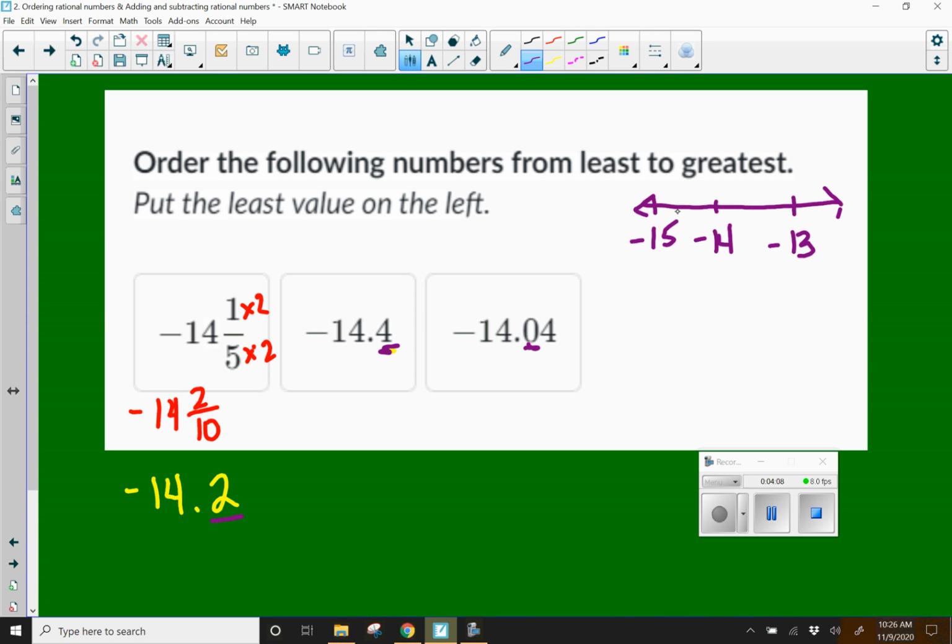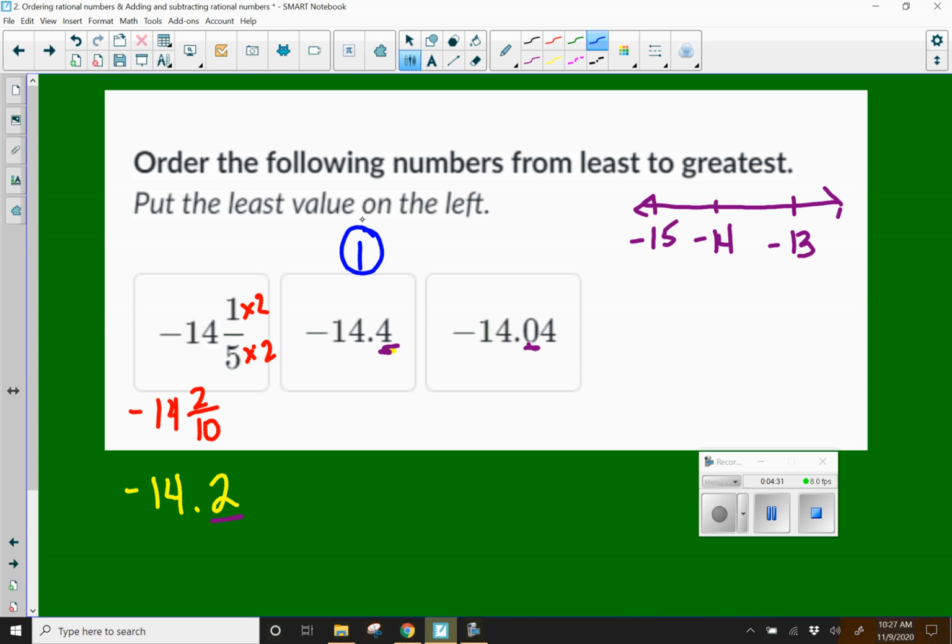So if you think of -14.2, that's going to be somewhere right around here, which means -14.4 is going to be furthest to the left, and -14.04, that would be the closest to -14. So that means the smallest number out of these would be -14.4, so that would go first.